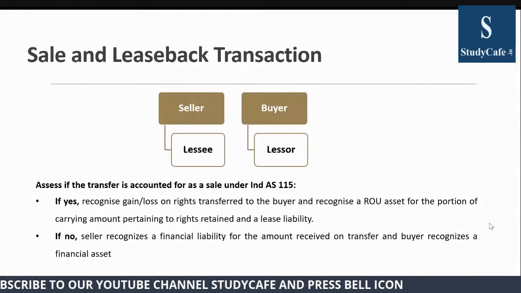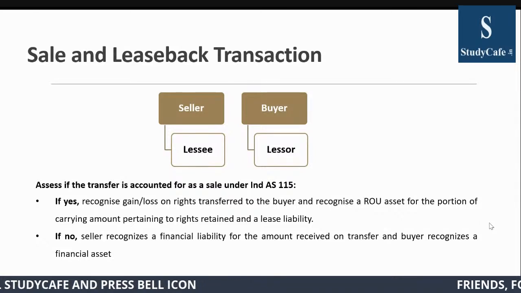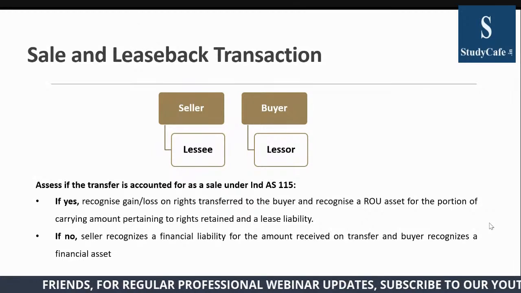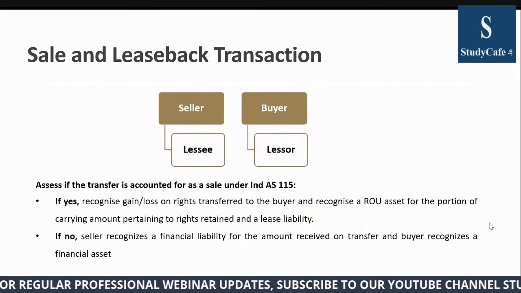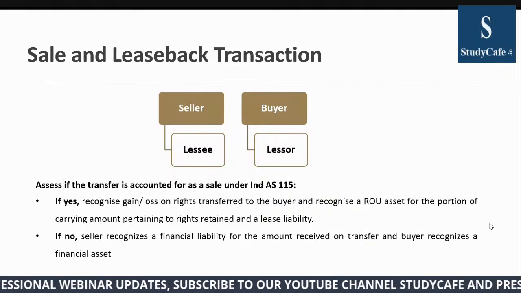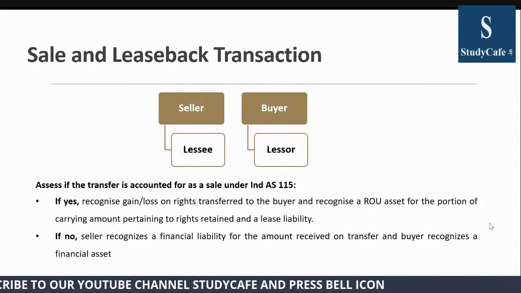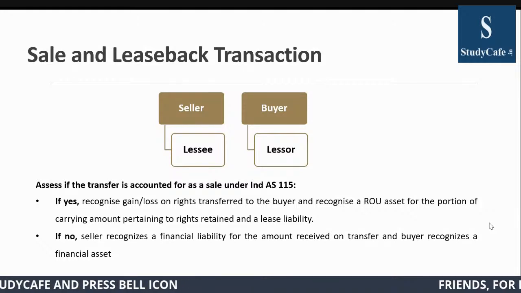So there is another guidance in Ind AS 116 about sale and leaseback transactions. Now, what happens in this kind of transaction? The seller, which deals in a particular kind of asset, makes a normal sale to a buyer. Suppose company A has sold machinery to company B, and company A is the dealer of that particular machinery.